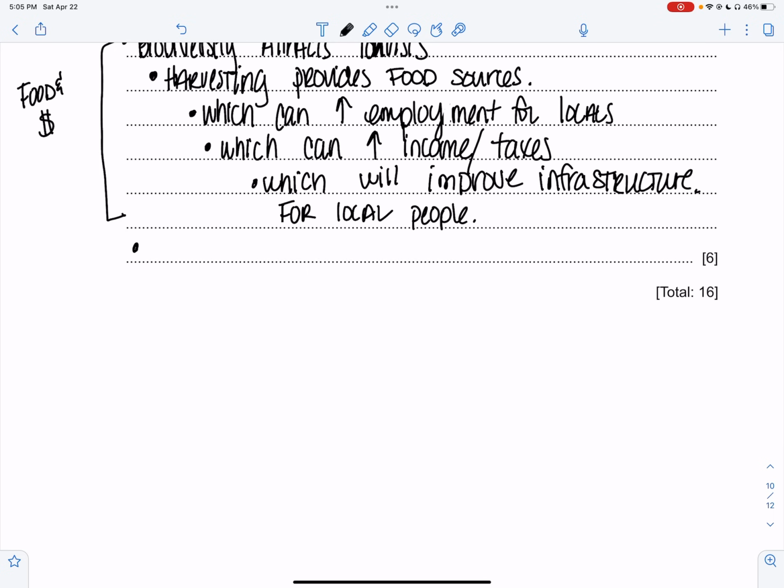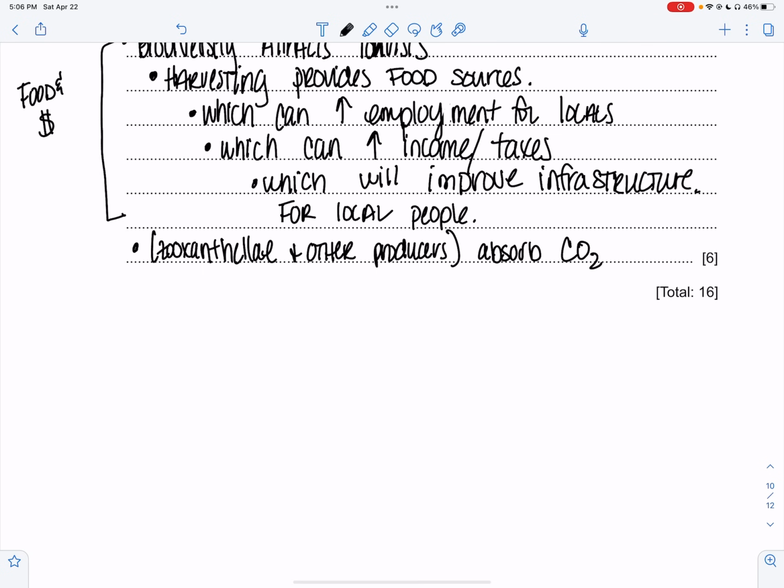Okay, we're going to talk about the climate control again. Zooxanthellae, and other producers. There are other producers in a coral reef area, but specifically within the coral, it's zooxanthellae. Absorb CO2.